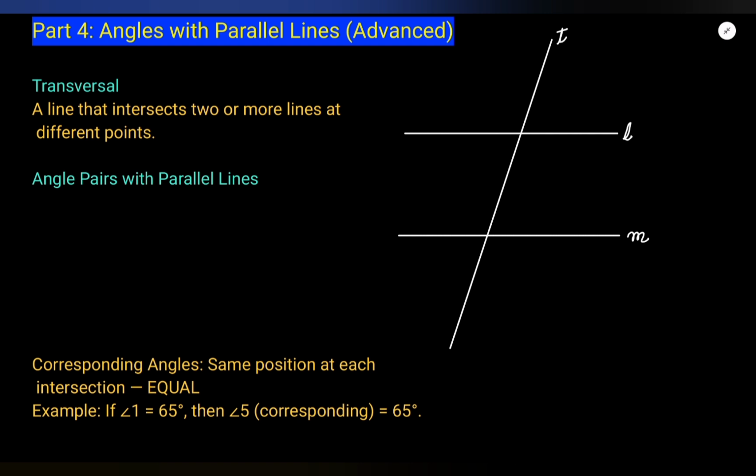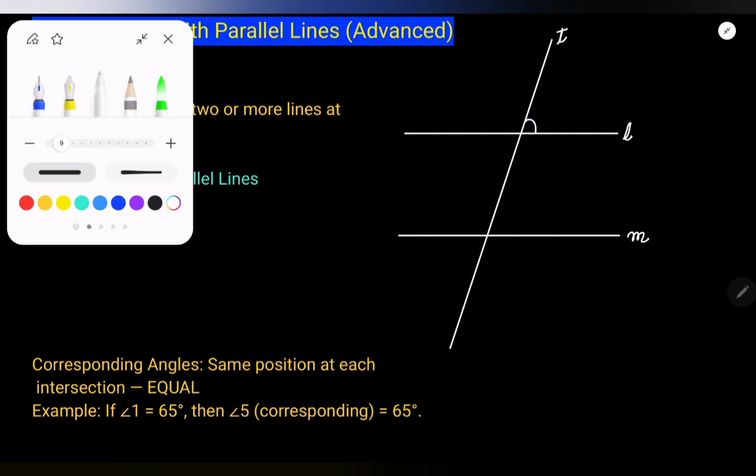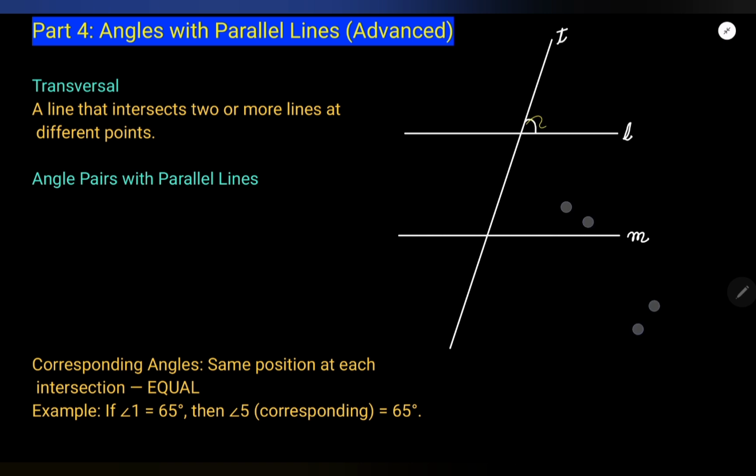I know. Now I will name them. Suppose this is angle 1, right? And this is angle 5. Why didn't I say 2? I am taking 2 here. Okay, 1 and 5.